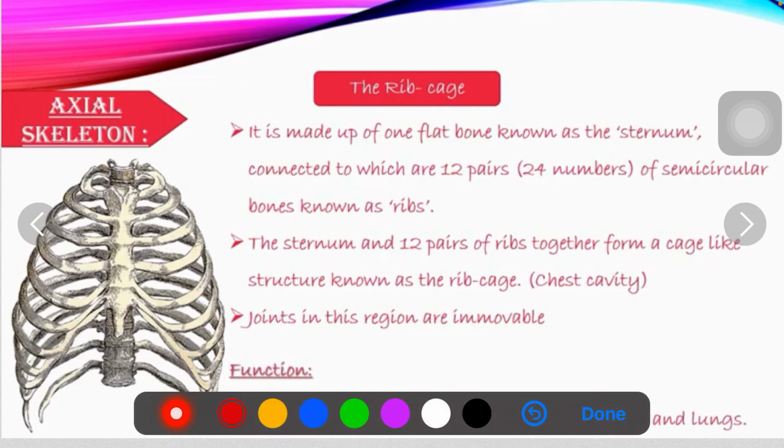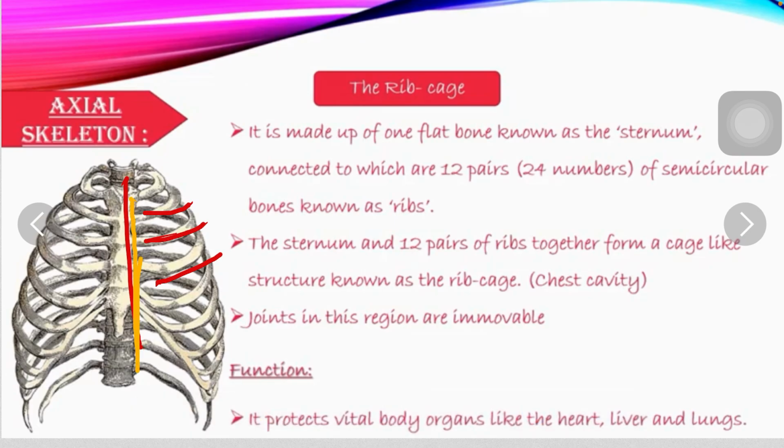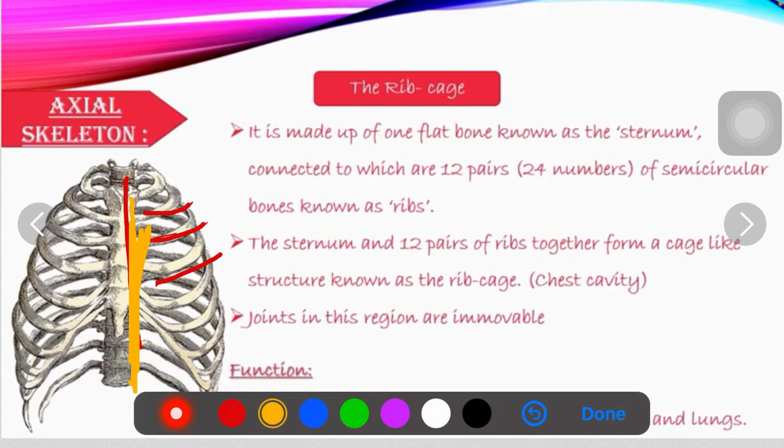The sternum and 12 pairs of ribs together form a cage-like structure known as the rib cage, that is the chest cavity. As you can see here, students, this flat bone is called the sternum, and this semicircular half-circle structure consists of 12 pairs, 12 pairs meaning 24 bones, and these together form the rib cage, that is our chest cavity.